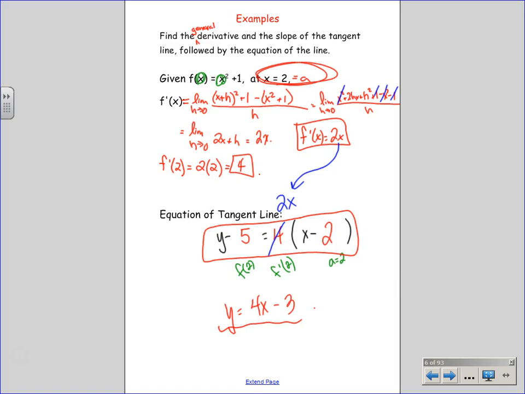A parabola? It's going to be a quadratic. So would it ever make sense to put the general derivative in the slope spot? No. Because I'm trying to make a line, and a line needs a constant, an x, and a y, and then it can be a line. If anything else is in there, it's wrong. Okay, with that, let's keep going.